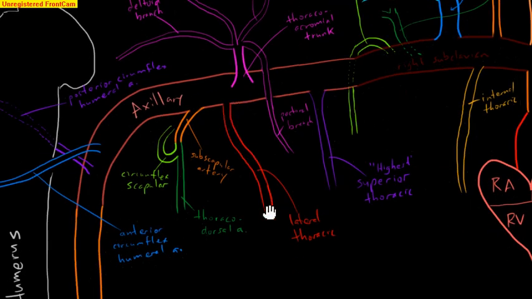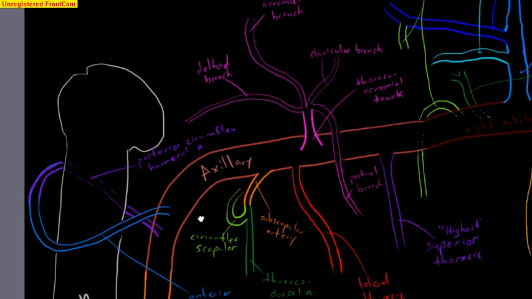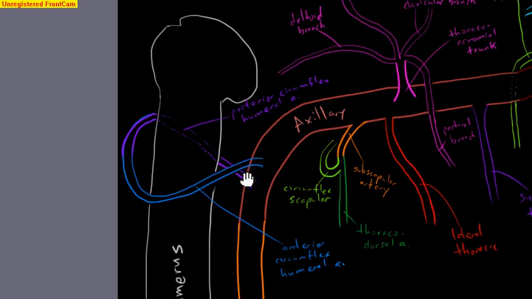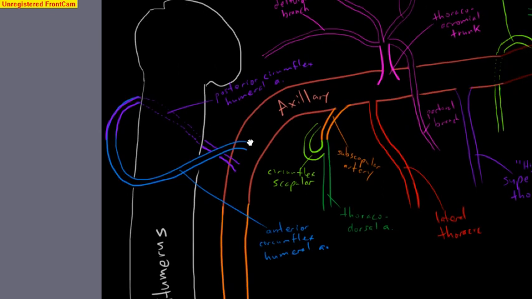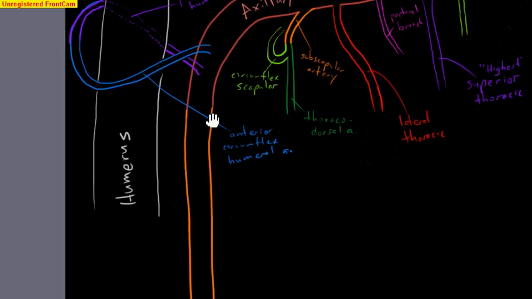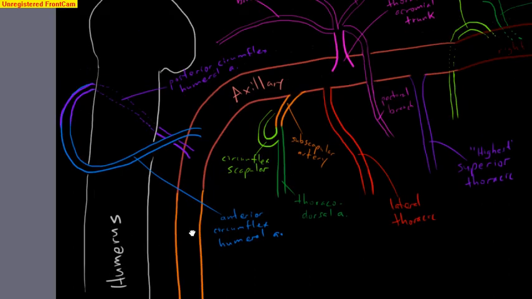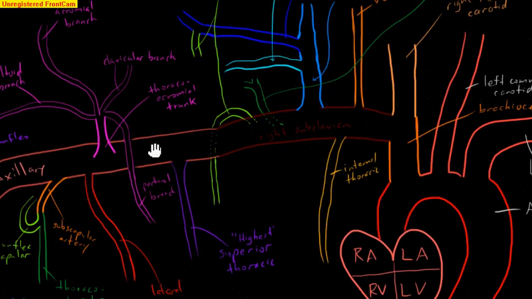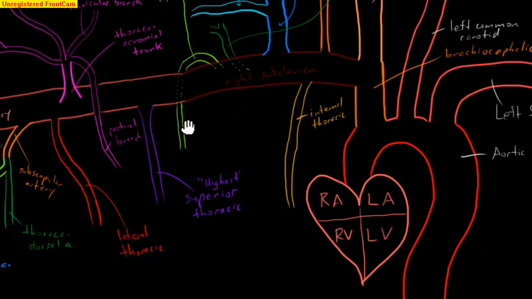Next is the lateral thoracic, your subscapular artery, which branches to the circumflex scapular and the thoracodorsal artery. Next, you have your anterior and posterior circumflex humeral arteries, before you go into the brachial artery. Alright, so I hope that helps, and that's it for now.